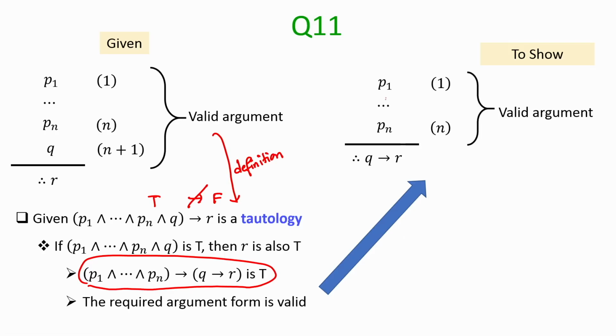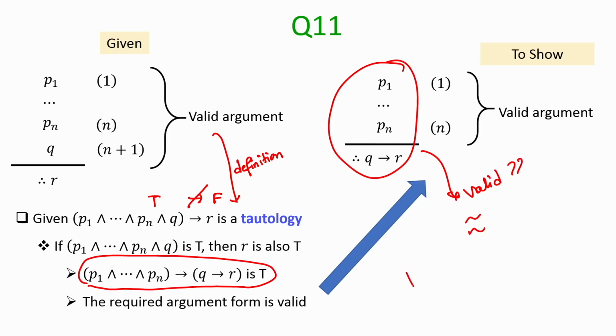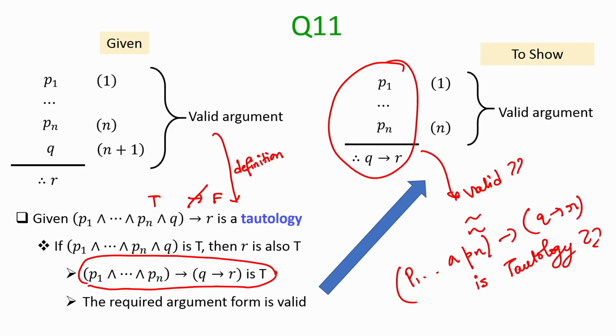And if I want to say that this argument form is valid, this is equivalent to asking whether the conjunction of p1 to pn implies q implies r is a tautology, and that is what we have proved here. That means, if this argument form is given to be valid, then this new argument form is also valid.